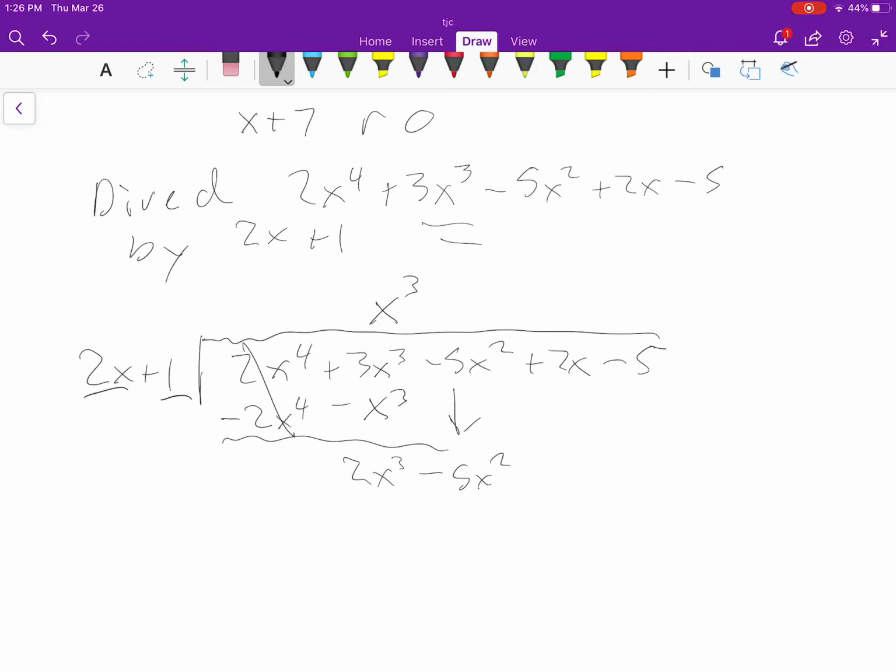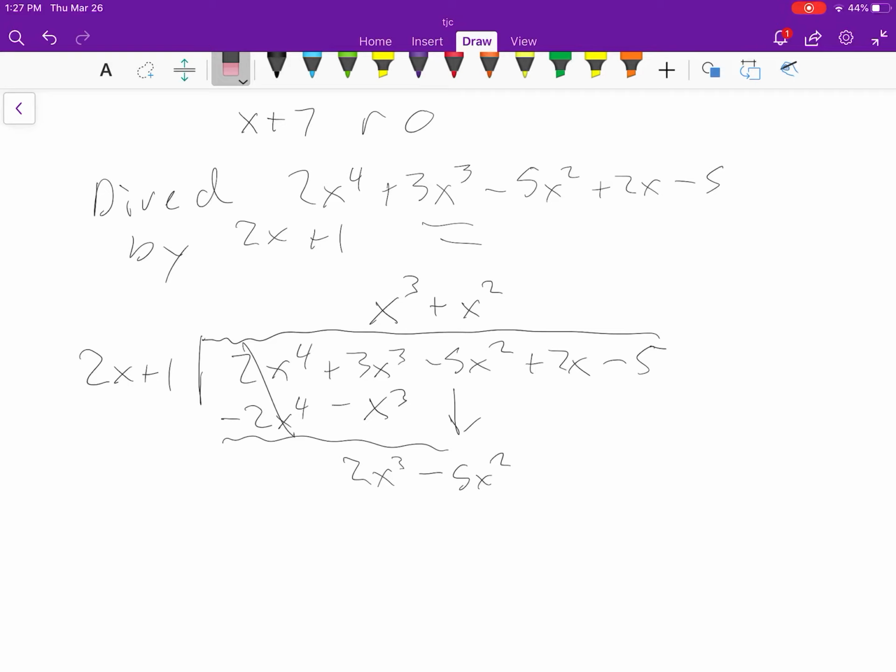Now, we ask ourselves, what times 2x will give us 2x cubed? And that would be an x squared. So if we add an x squared, x squared times this 2x here, times the 1 here, that will give you what you're looking for.